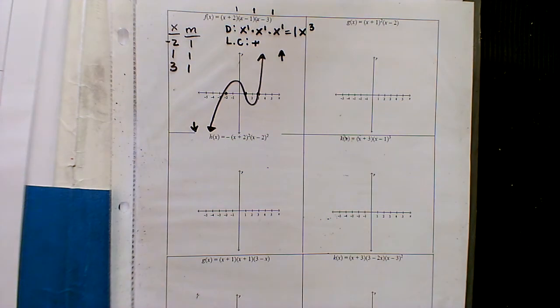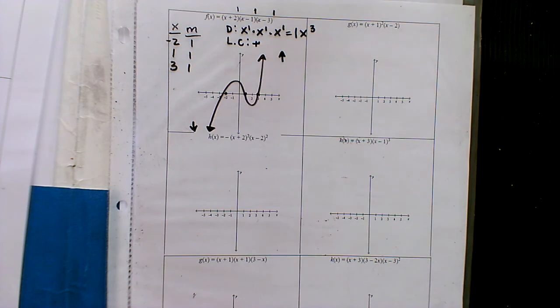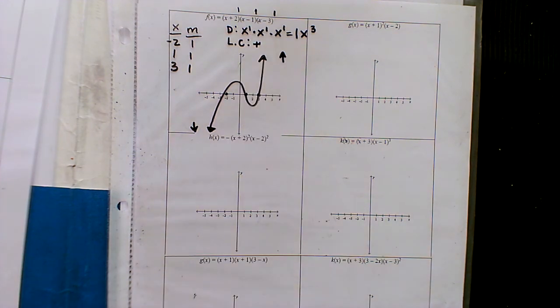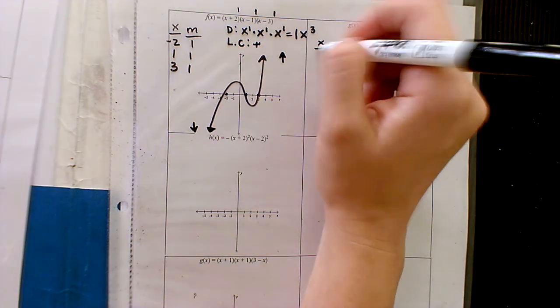So it looks like something like that. So it kind of looks like we have a trade-off. Instead of needing to factor for these examples, we have to do a little figuring as to what the degree would be. Okay, so it's a little give and take there. Let's go and try the next one.